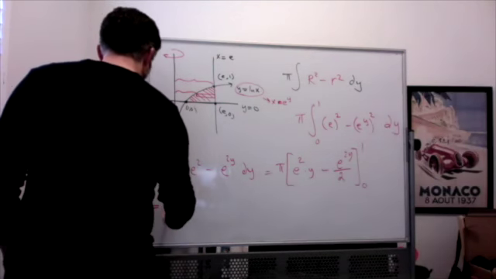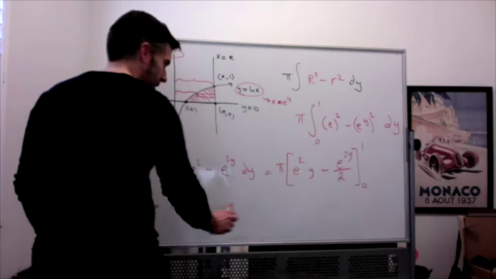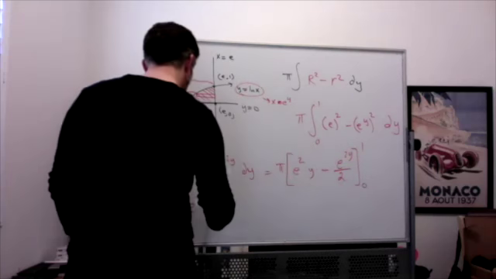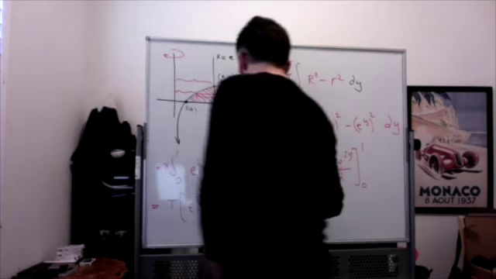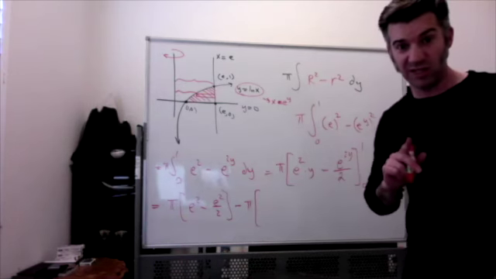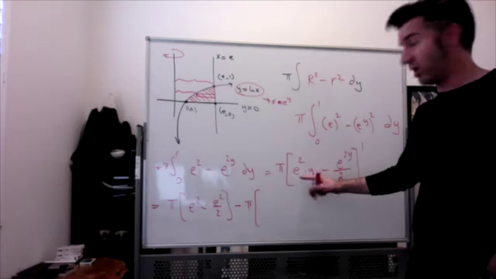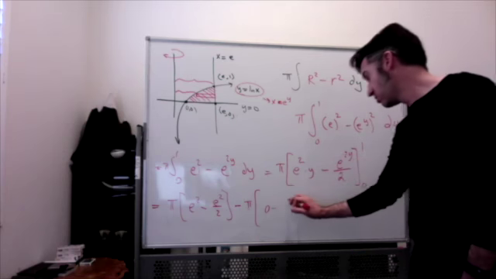And you get pi times e squared times 1 minus e squared divided by 2, minus pi times plug in 0, and be careful here, you don't just get 0, you get e squared times 0, that's 0, minus e to the 0, which is 1 over 2.